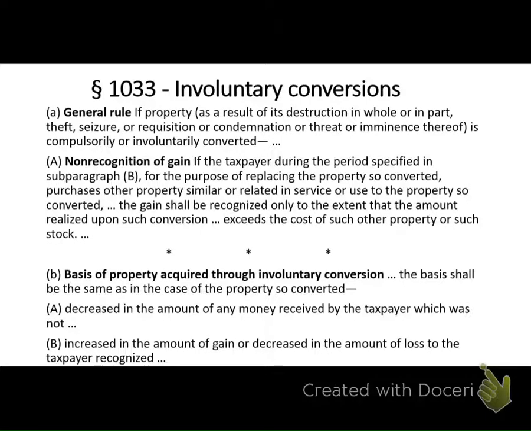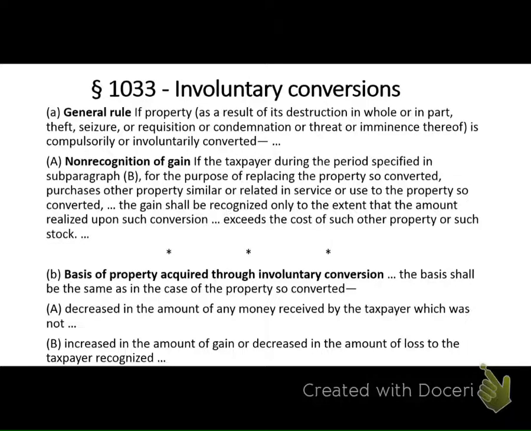The basis of the new property that we hold after the conversion. So the basis of property acquired through involuntary conversion is the old basis, decreased by the amount of any money received by the taxpayer which was not reinvested, and increased by the amount of gain or decreased by the amount of loss that the taxpayer recognized.